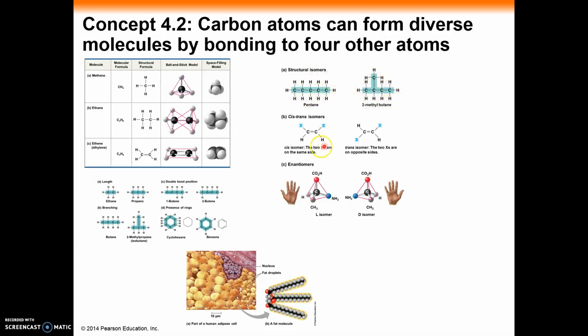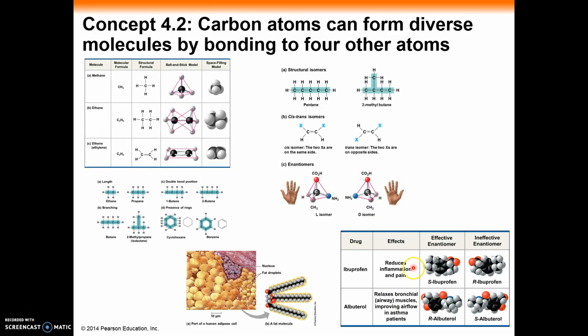So here's structural isomers, cis-trans, again, looking back at the planar structure of this double bond. And then finally, enantiomers, which are mirror images of each other. And we discussed how this is important because sometimes that can impact whether a drug is effective or not effective, or actually harmful.